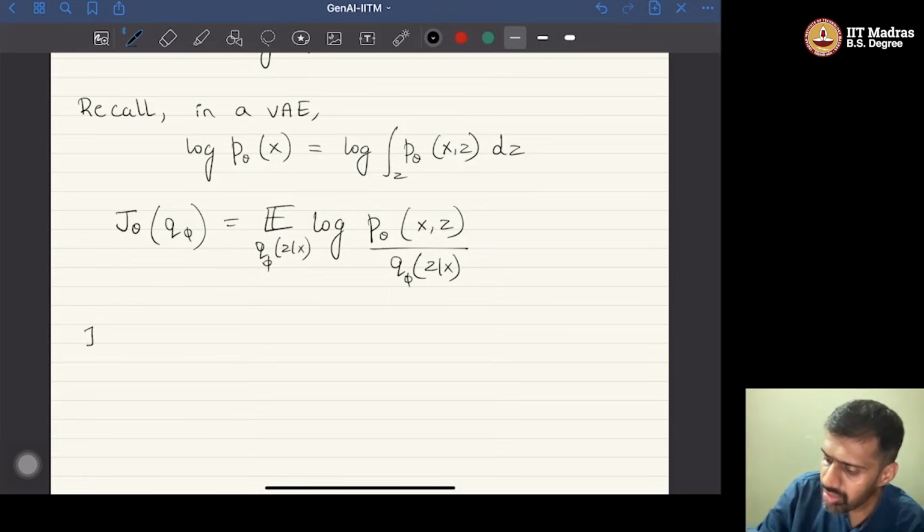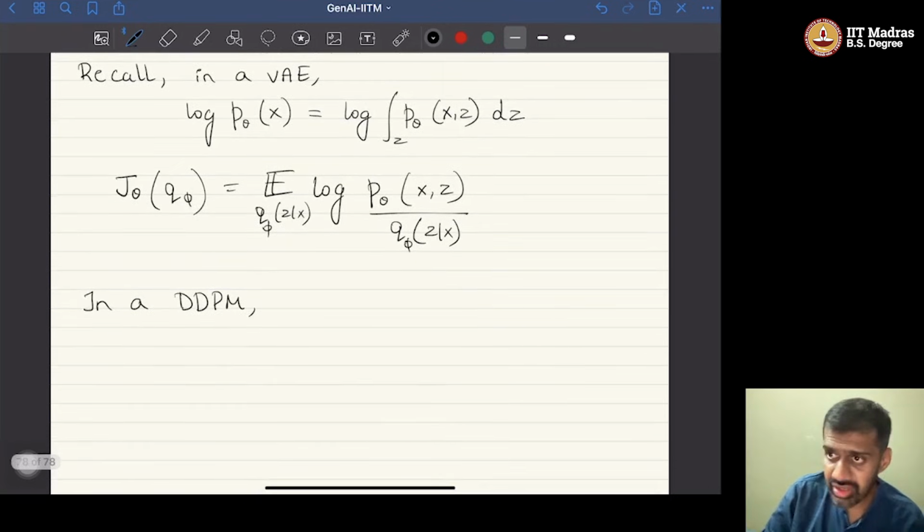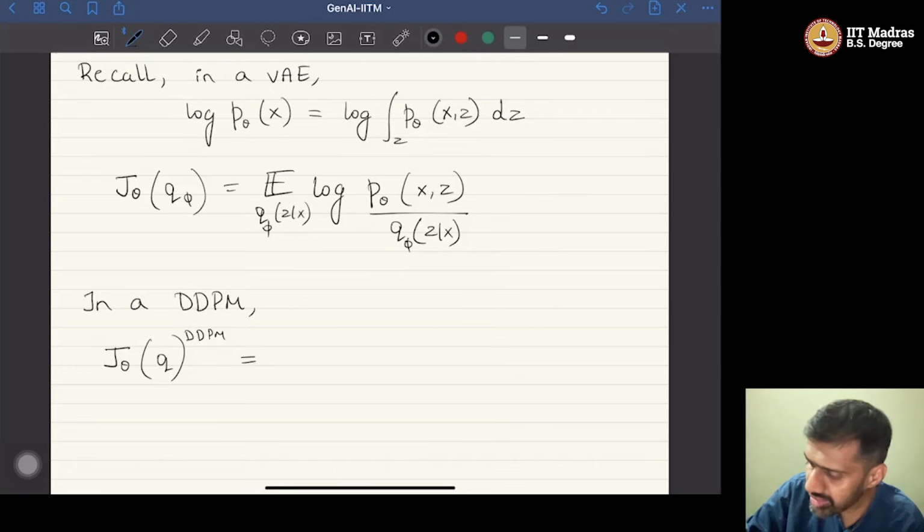But in a DDPM we have the exact same procedure, just that the ELBO for DDPM has no dependence on the encoding parameters because it is fixed, right? This is the ELBO for DDPM. We'll write the same thing, the expectation of log of p theta.